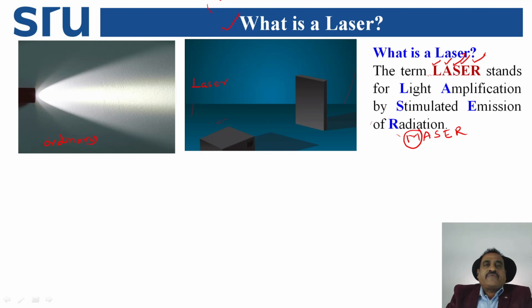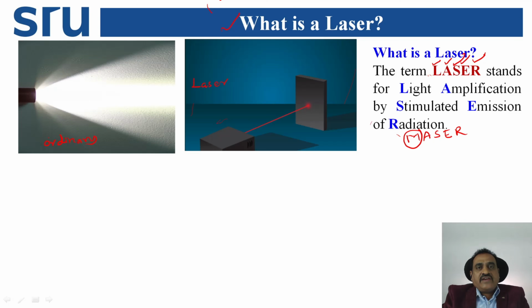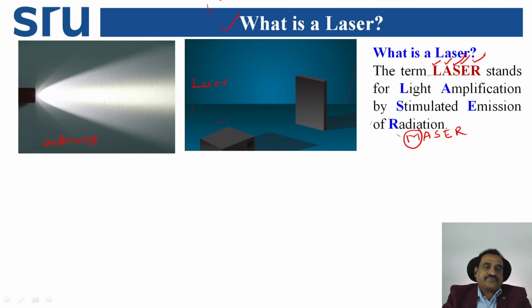A laser is different from an ordinary light source. For example, when we switch on a torch, the light is spread in many directions. That is ordinary light. But a laser produces a very narrow and highly directional beam.